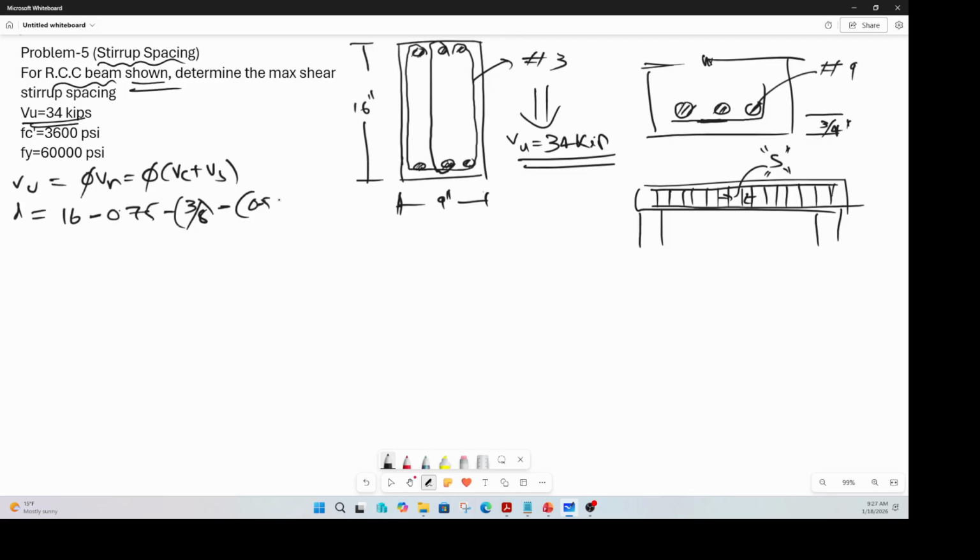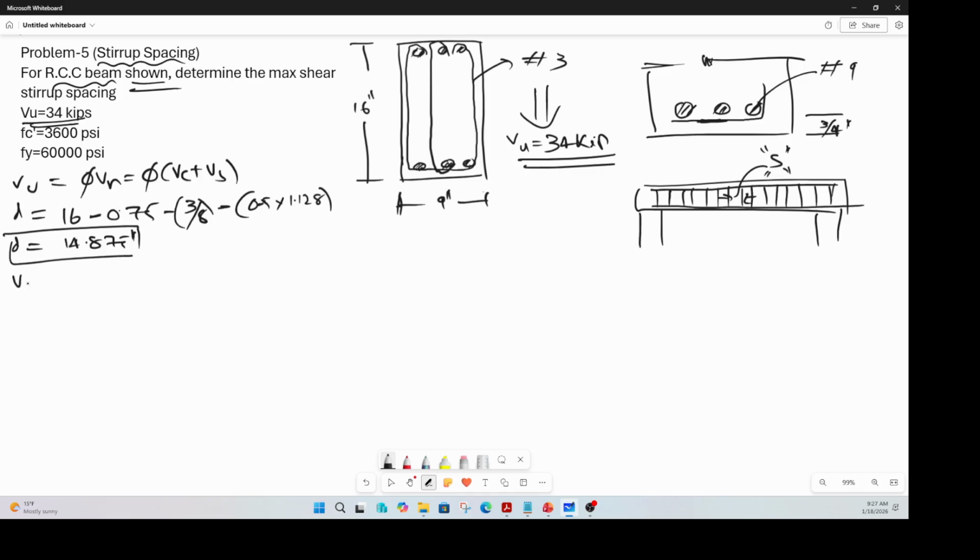Number 9 diameter is not 9 by 8. The diameter of number 9, you have to look it up from the table, is that value there. Okay. So that is close to 14.875 inches. That is your effective depth of the beam.